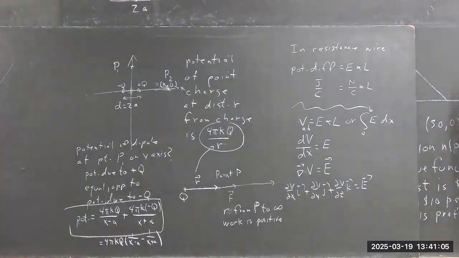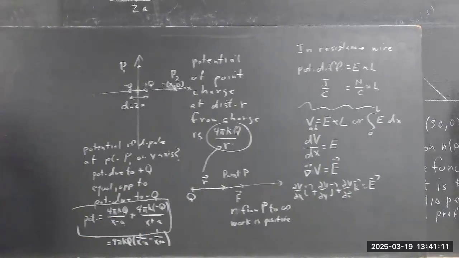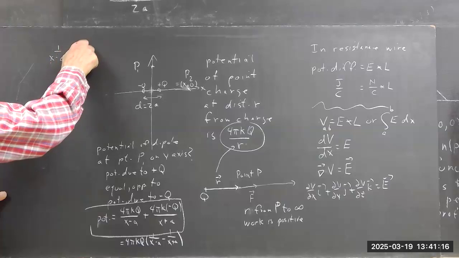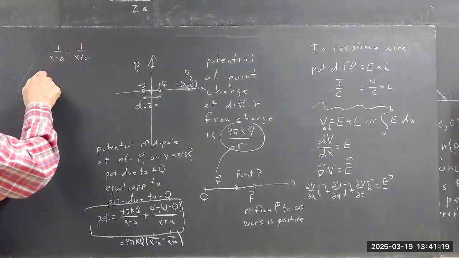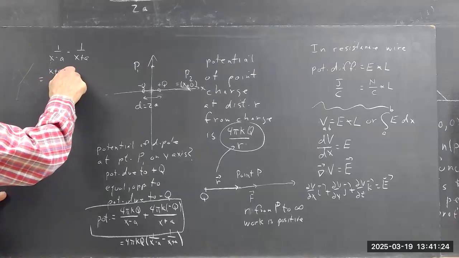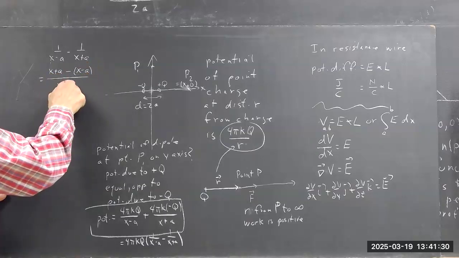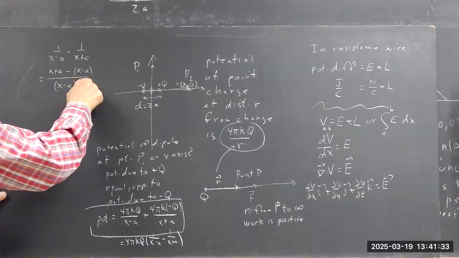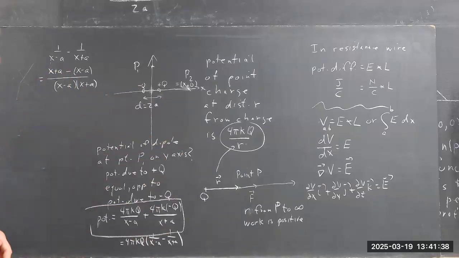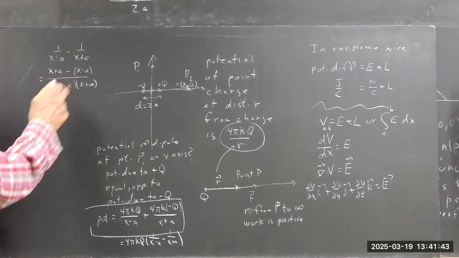Right? So now what's 1 over x minus a minus 1 over x plus a? Add the fractions. The denominator is going to be x minus a times x plus a. And this is what we're going to get.